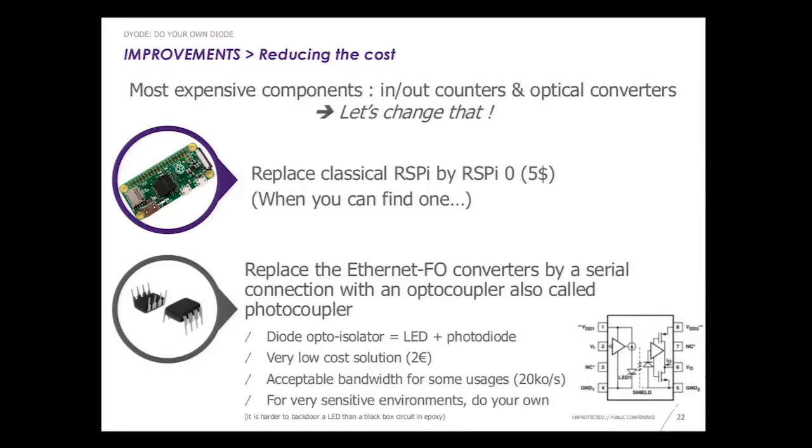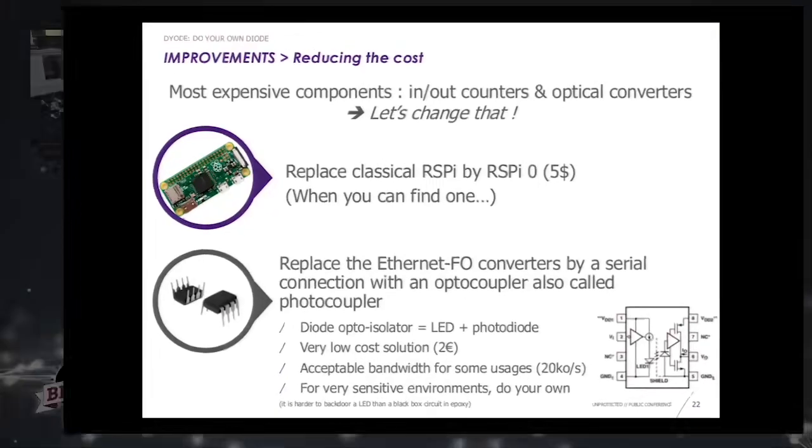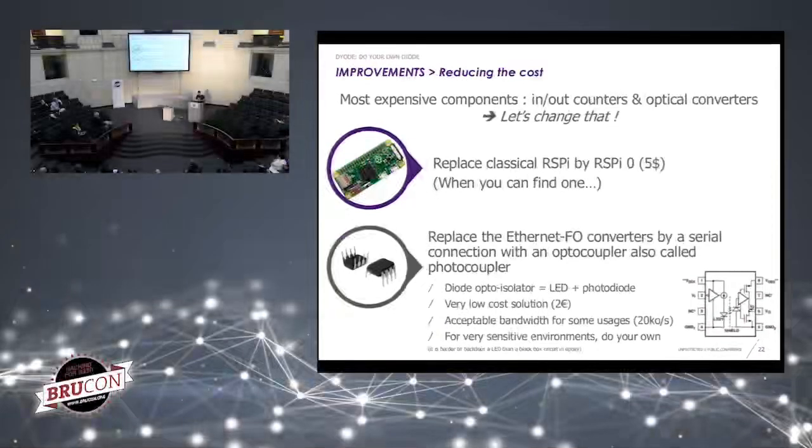So it's not really ideal to have components with Wi-Fi when you try to perform the data diode, because you have a built-in side channel. So actually at the moment I used Raspberry Pi's version 2, because version 3 also has built-in Wi-Fi. So if you know how to find Raspberry Pi Zero without the Wi-Fi, I'm willing to give you some money to have some.